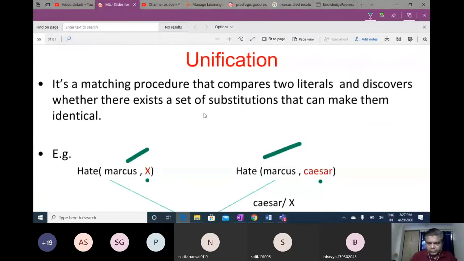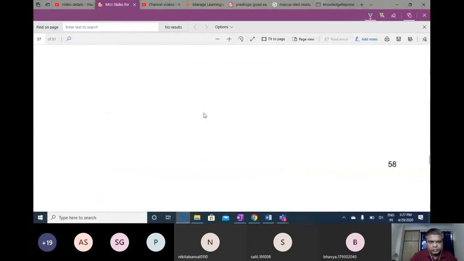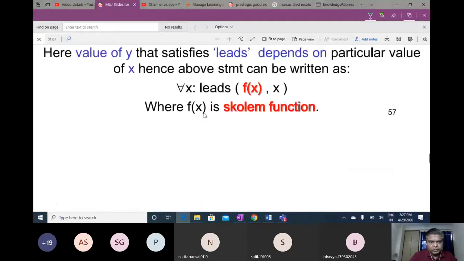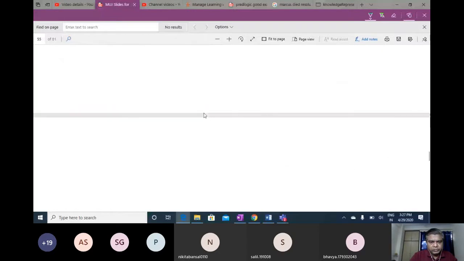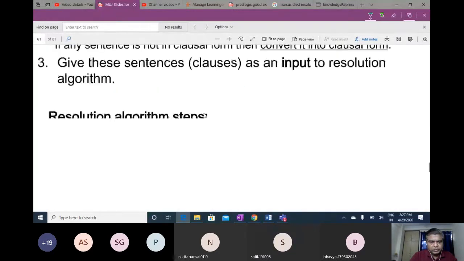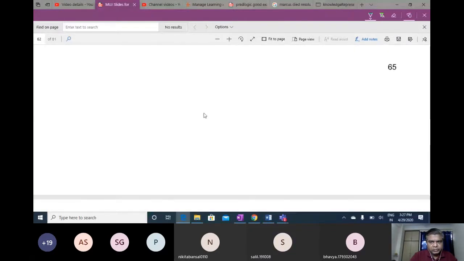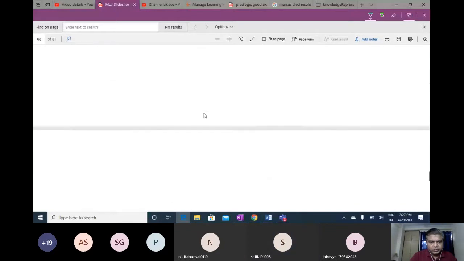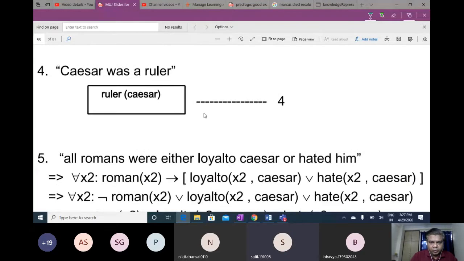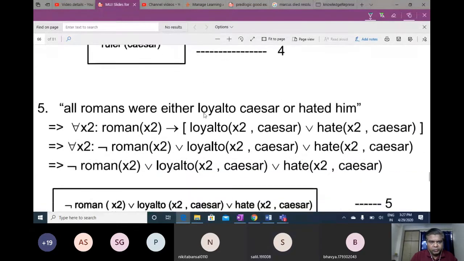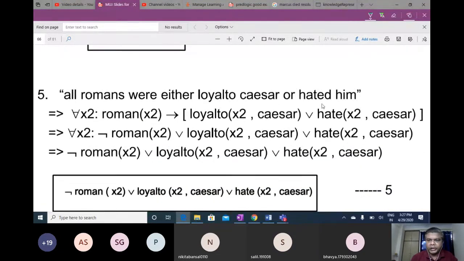This was the second statement: all Romans were either loyal to Caesar or hated him.